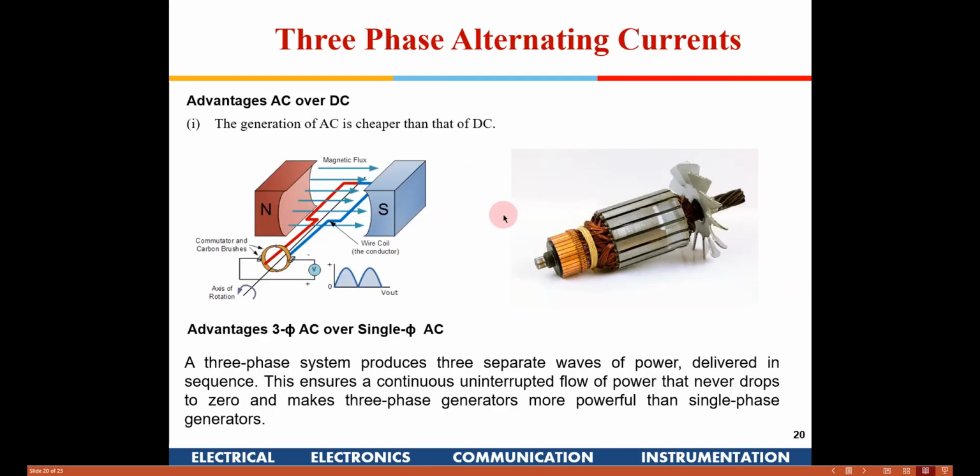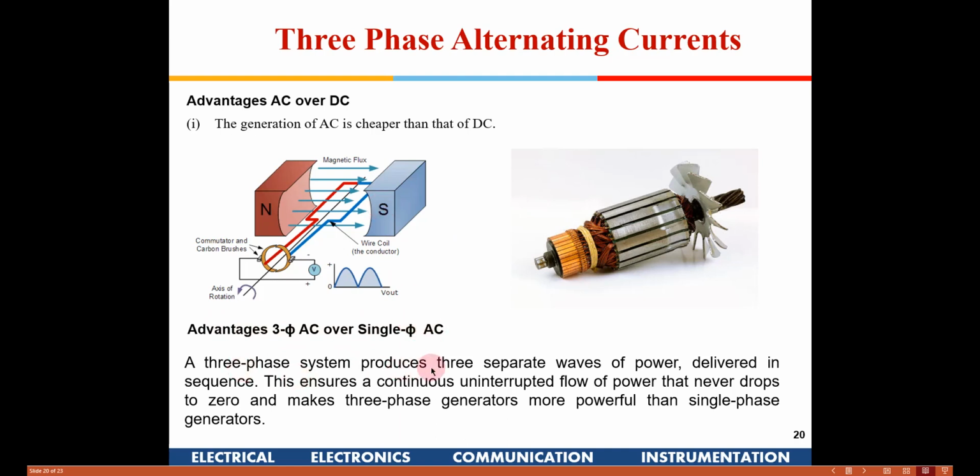Okay. Now before we wind up, we will just see why we are learning about 3-phase systems. So we learned the advantages of AC over DC when I introduced AC to you. Then I said AC is more efficient than DC, because for DC you actually make AC and then you convert into DC. Now 3-phase AC is even more advantageous than the single phase AC.